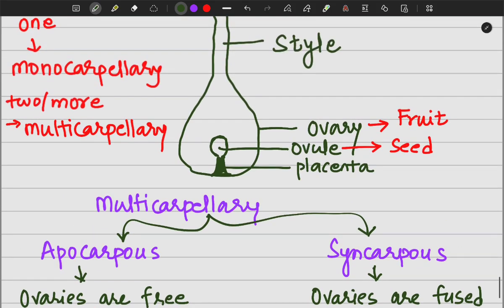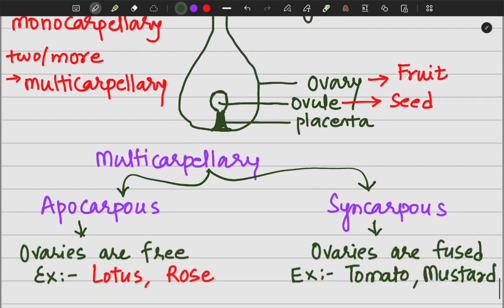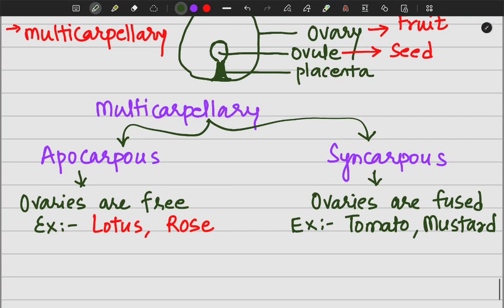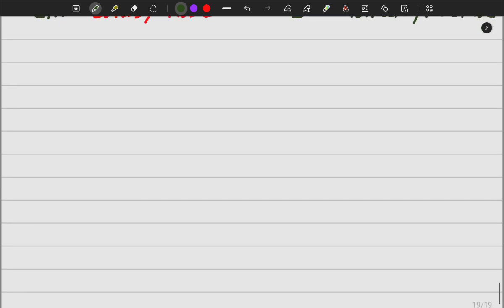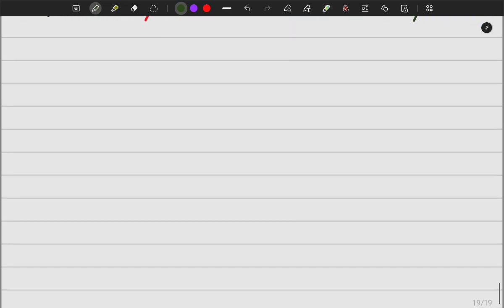So I hope multicarpellary and monocarpellary flower is clear. Now similarly, we just studied about the apocarpus and syncarpus condition when the ovaries could be free or fused. In the same way, the calyx and the corolla could also be free or fused.